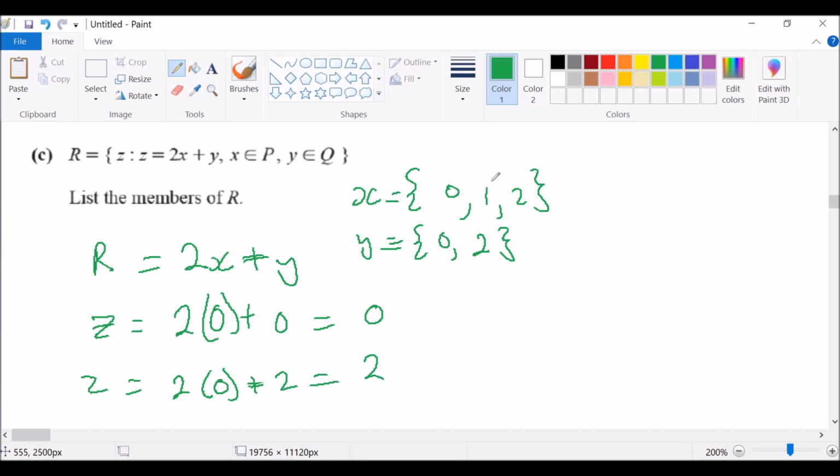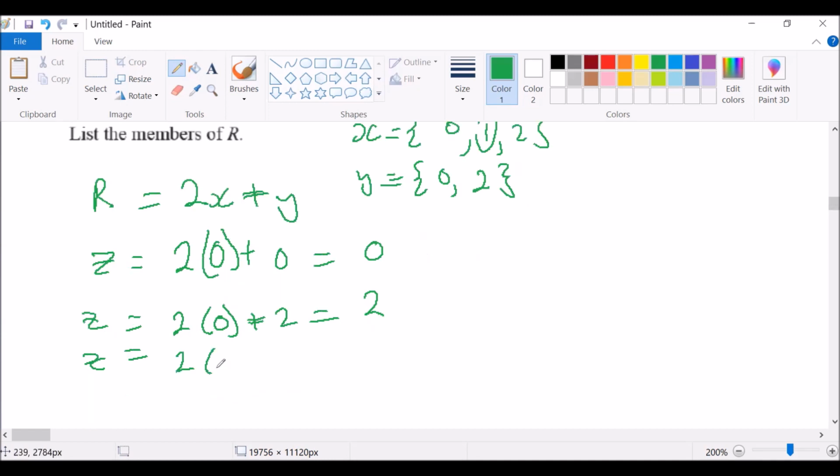When X is 1 and Y is 0, Z is equal to 2 times 1 plus 0, which is 2. When X is 1 and Y is 2, Z is equal to 2 times 1 plus 2, which is 4.